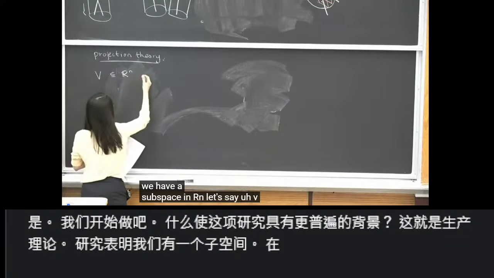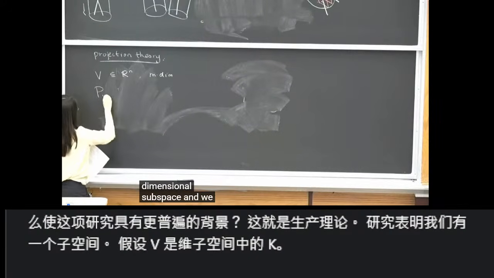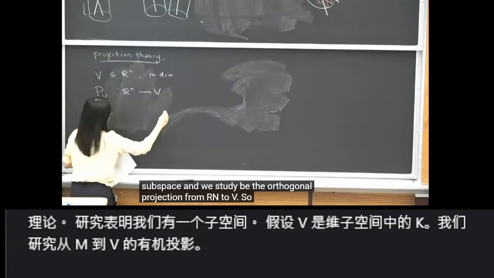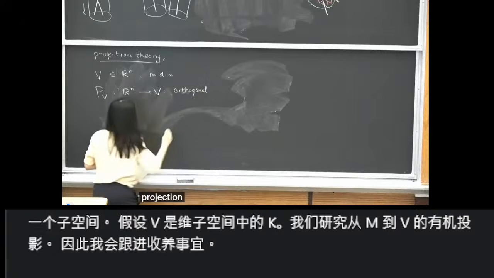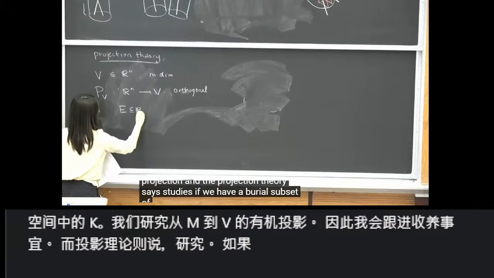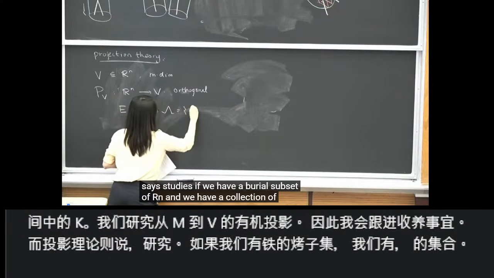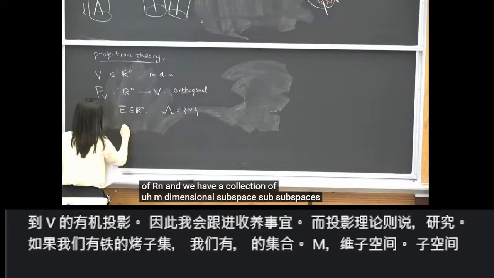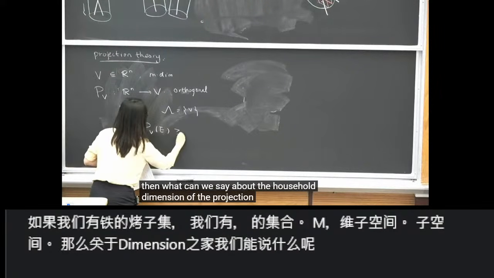Let's say V is an m-dimensional subspace, and we study the orthogonal projection from Rn to V. The projection theory studies, if we have a Borel subset of Rn and a collection of m-dimensional subspaces, then what can we say about the Hausdorff dimension of the projection image?